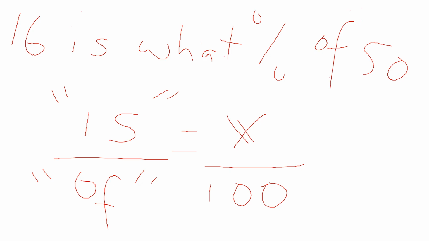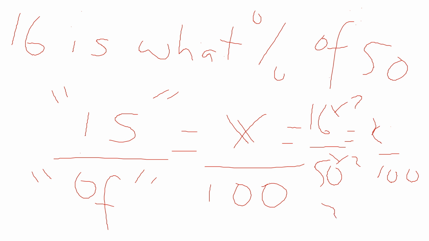So in this case, the is 16 over the of, 50, equals x over 100, right? That's the same thing. It's just formula based. And in order to get 50 to 100, you multiply it by 2. And what you do at the bottom, you got to do at the top. So that's how you end up with 32%. Get it? Okay.